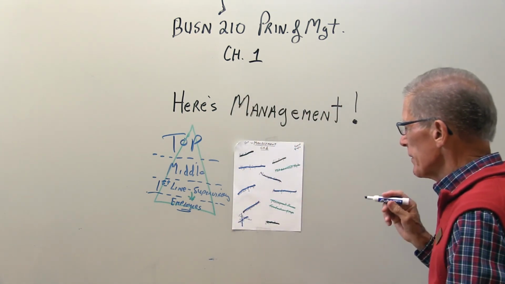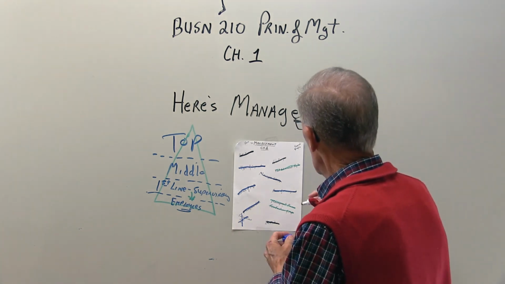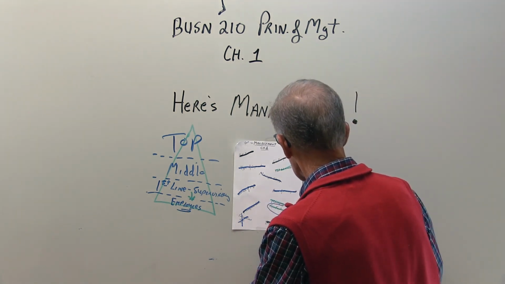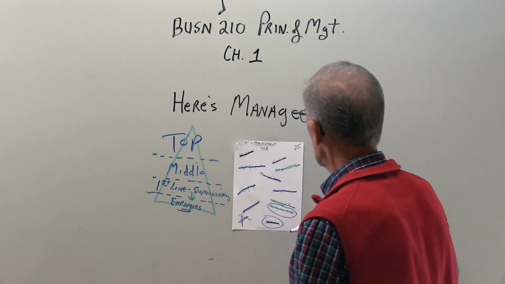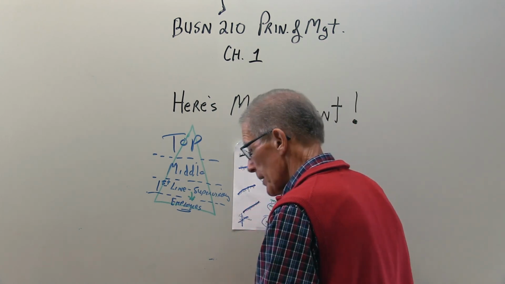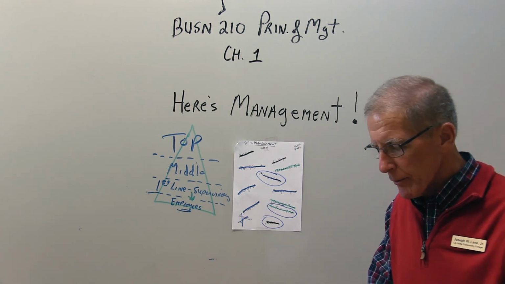Now, as I'm looking at this, I know there's a couple of things in chapter 1 we need to know. We need to know the 4 functions that managers perform. We need to know the definition of management, and we need to know the skills that managers have to have. And then I think that was the three know items in chapter 1.